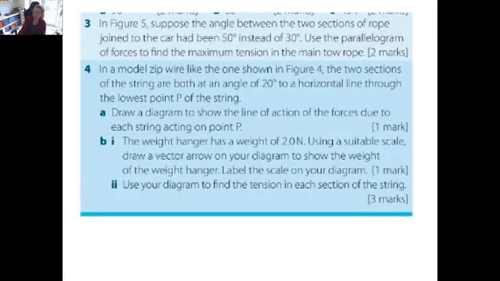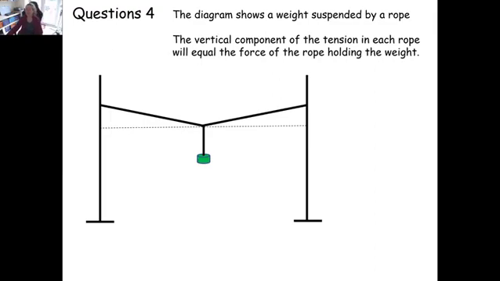And then the last question talks about a model zip wire where you've got two sections of a string, both at 20 degrees to the horizontal. Now I've drawn out a diagram there just to show you what that looks like. So you have a piece of string and a weight hanging from it, and an angle here and an angle here of 20 degrees each.